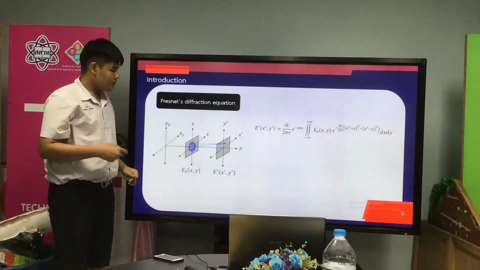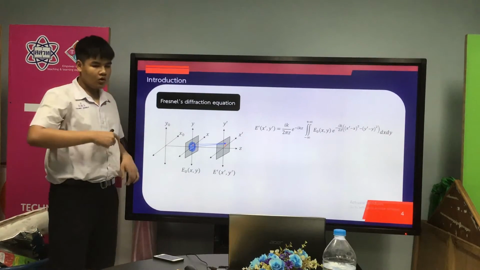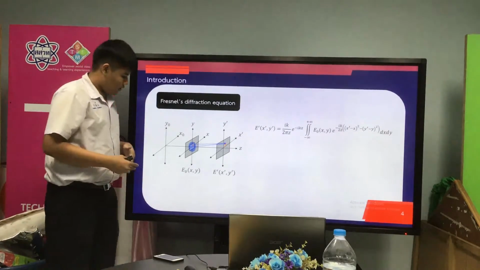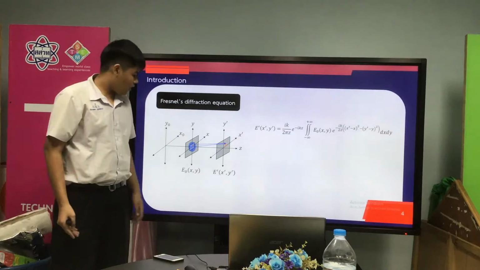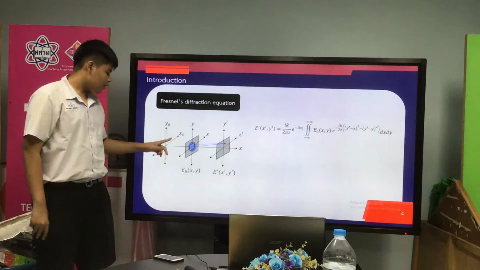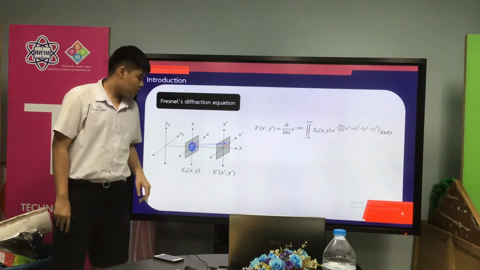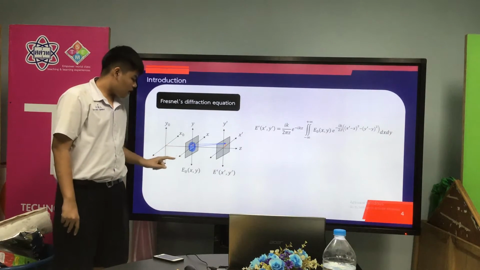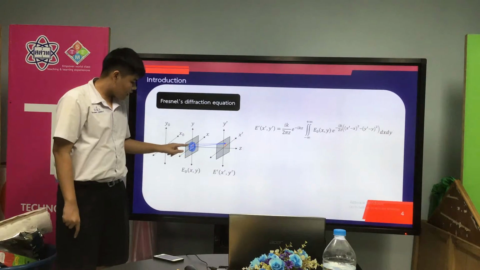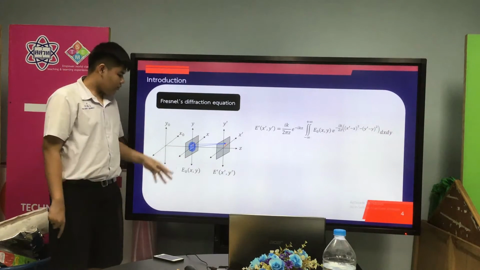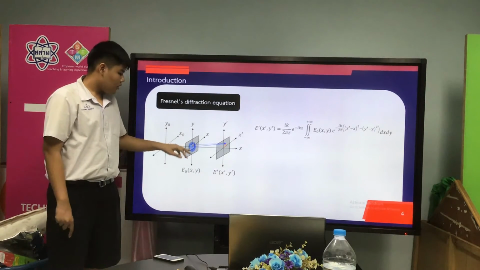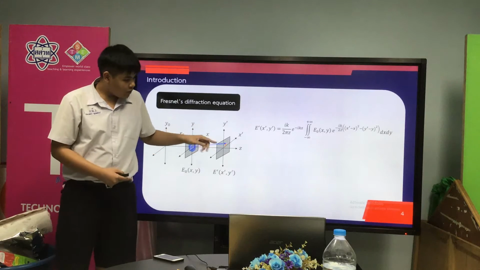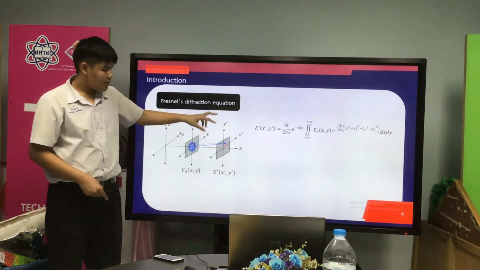In our work, I will use the Fresnel diffraction equation to explain the relation between the electromagnetic field in the x prime y prime coordinate and the E0 of xy coordinate. The E0 of xy is the function describing how the light or electromagnetic field travels through, and it shows the relationship in this equation.